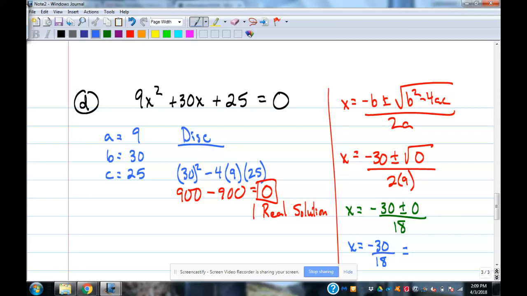What goes into 30 that goes into 18? 6 goes into 30 negative 5 times, and into 18 three times: negative 5 over 3. That's the only solution I have. So here's a case where the discriminant was 0 and we got one solution. It's about the same amount of work as the two solutions. Only difference is we can do the square root of 0 pretty easily, a lot easier than the factor tree method. Okay?